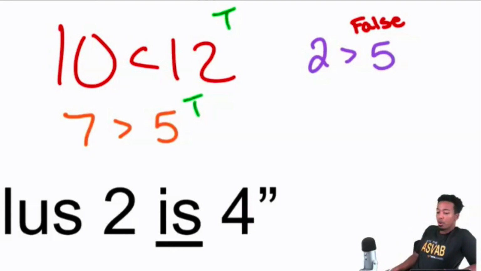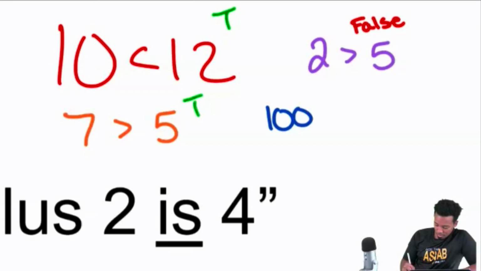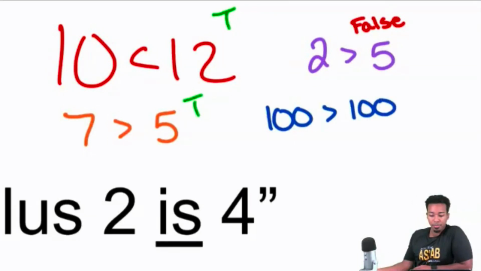So moving up next, let's try 2 more out, and then I'll move forward. Let's say we have this one. True or false? What should it actually say? It should say equal.